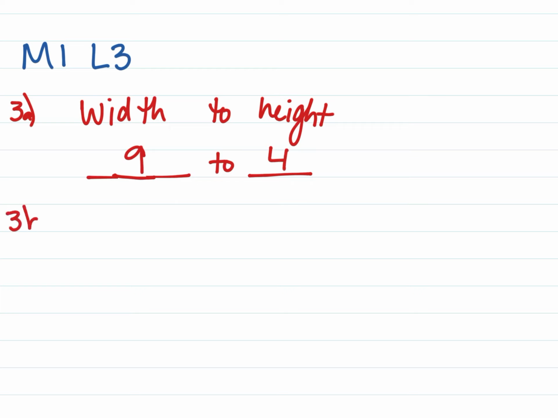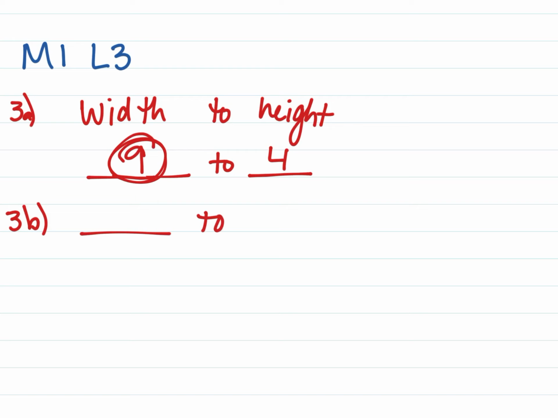In part B, it says if each square in the grid has a side length of 8, what is the width and height of the rectangle? So if each of those squares, there were 9 squares, is 8, the way we could figure that out is by multiplying.